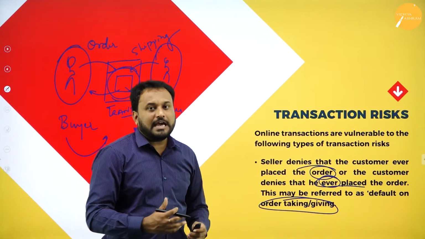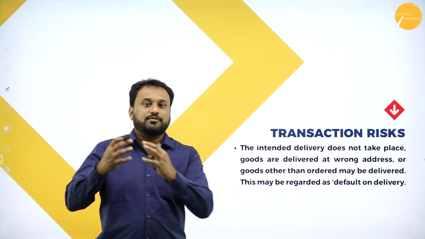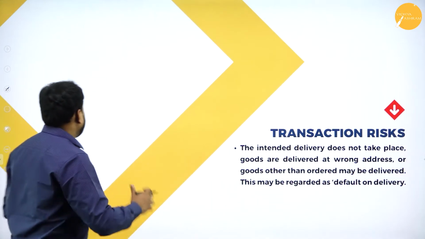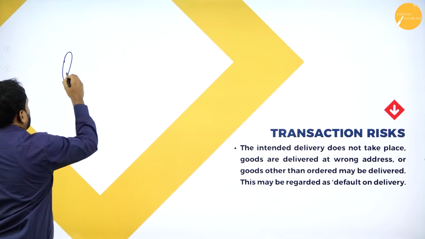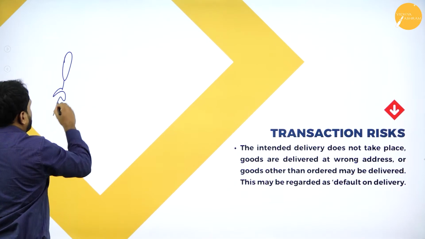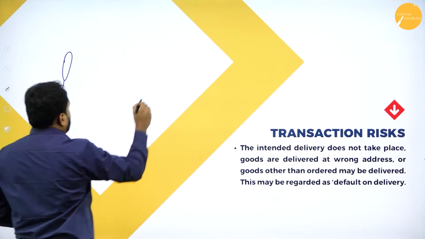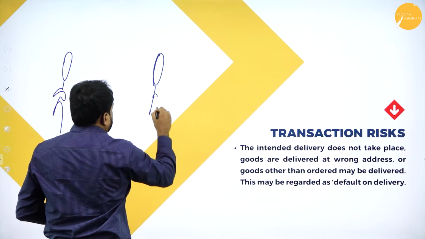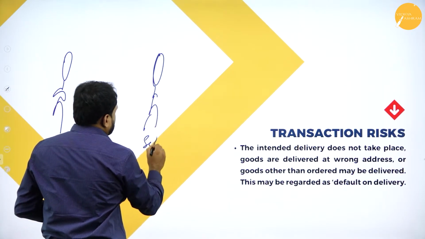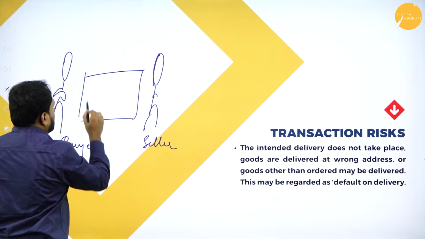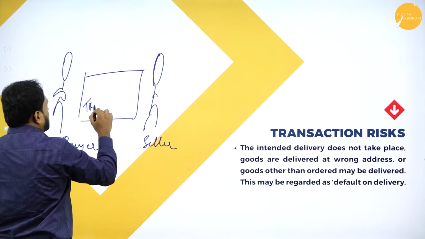Next we have the other form of transaction risk. Let's go with the same kind of example here. We have the buyer and we have the seller. Now the transaction should happen.